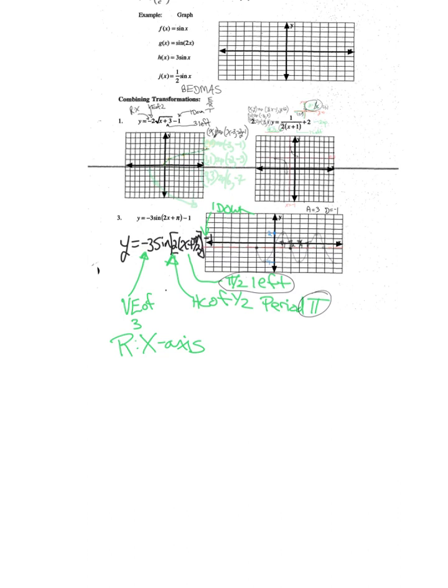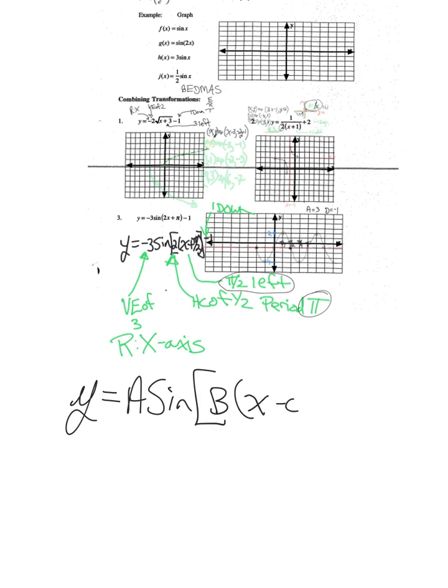So remember that we had this formula for a sine function. Y equals A times the sine, square bracket B, round bracket, x minus c, close all the brackets, plus d.